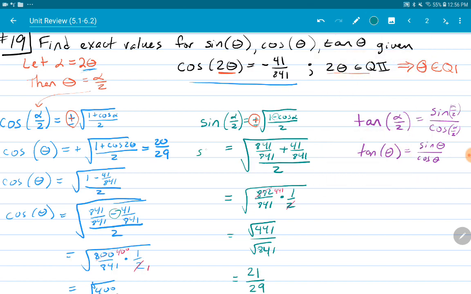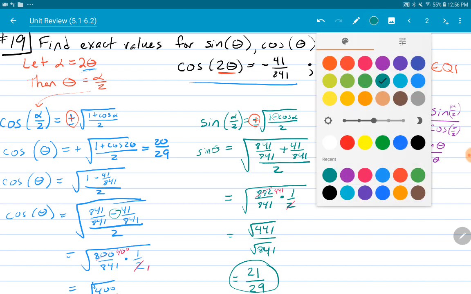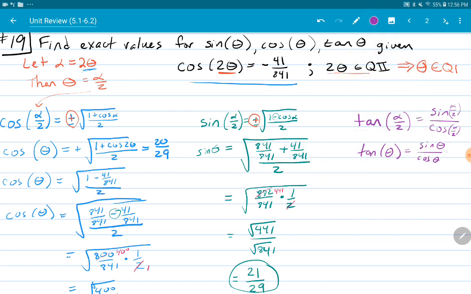So if I do sine divided by cosine, that means I take the 21 over 29 divided by 20 over 29. My denominators will cancel, and I'm left with 21 over 20 as my final answer.